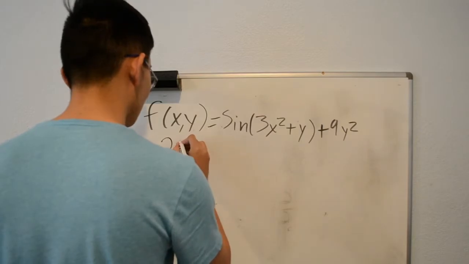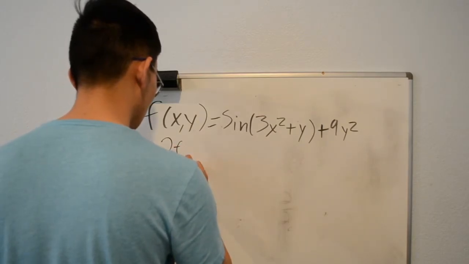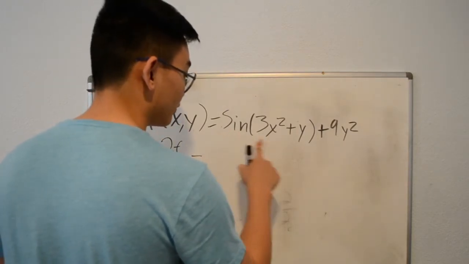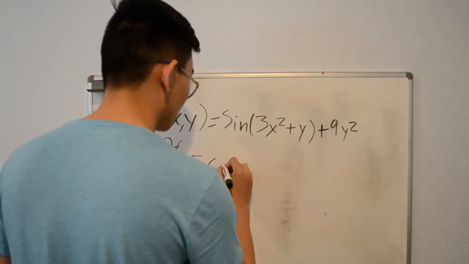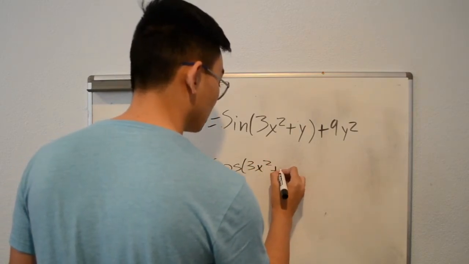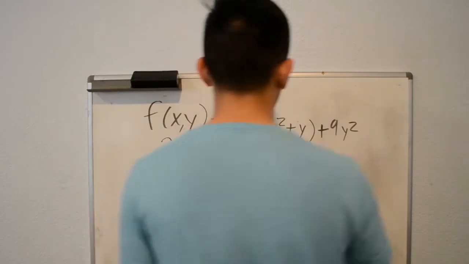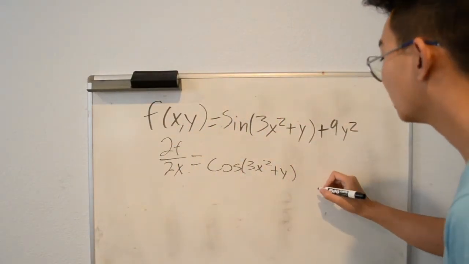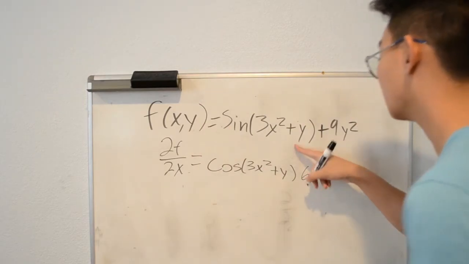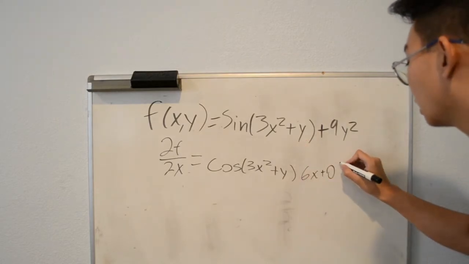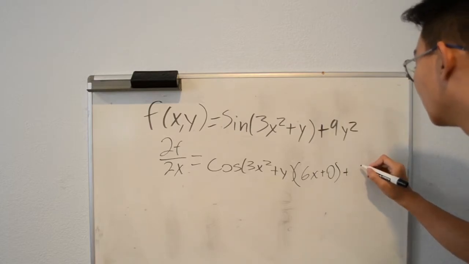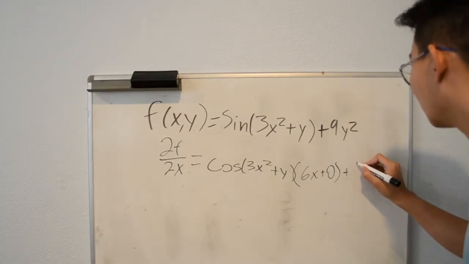So partial f over partial x is equal to the derivative of the outside, which would be cosine of (3x squared plus y), and then the derivative of the inside, which would be 6x plus 0, because y is a constant, and then that's in parentheses, plus 9y squared.